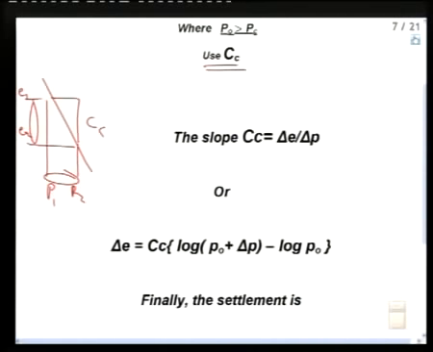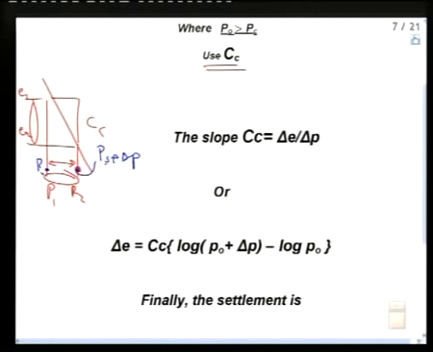But delta P, because it is on the logarithmic scale, what is delta P? It's this one minus this one, right? This point minus this point. What is this point? We said that it is P naught plus delta P. And what is this point? P naught, remember? So delta P is the log of P naught plus delta P minus the log of P naught.